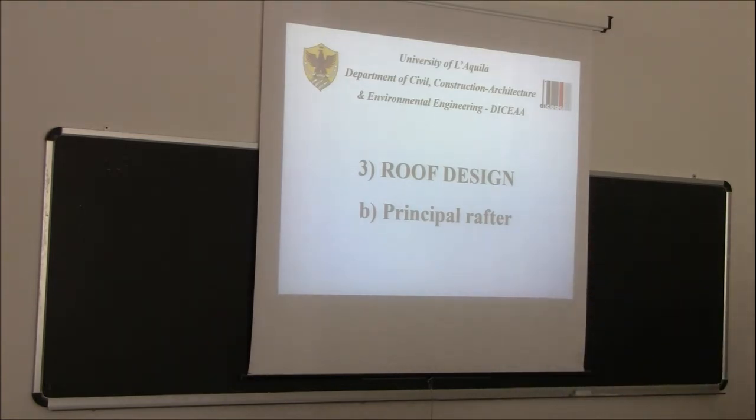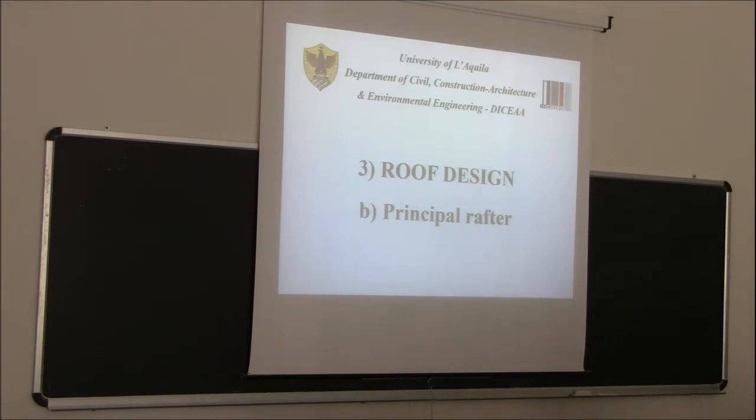So the carpentry connection of this king post truss system that makes the principal load resisting system. So now, yesterday we completed the design of the purlin, and now we go to design the principal rafter.